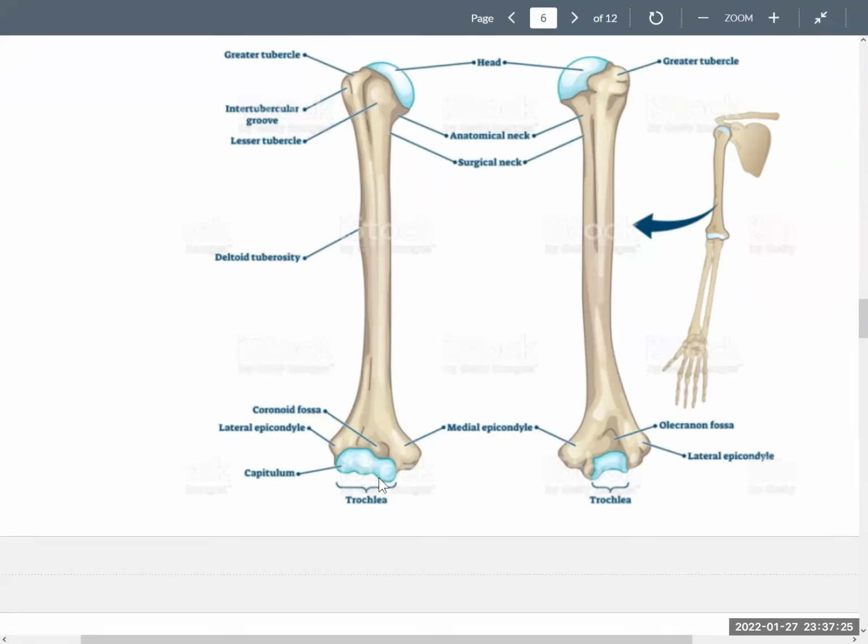So anytime you get something round or skull shaped, they like to use the word capit. So this is the capitulum here. The radius, no, I got fooled by their drawing too. Okay, here's the capitulum, I'm sorry.